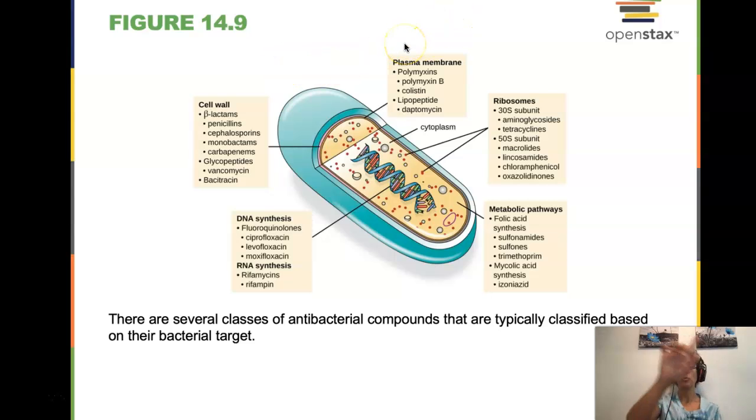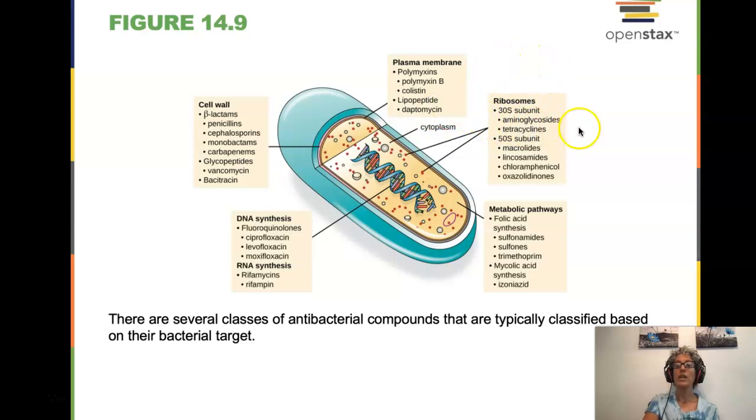So if we start at the top and work our way clockwise, the plasma membrane, that's a tough one because plasma membranes are really similar between prokaryotes and eukaryotes, but we have cholesterol in our plasma membrane and there's a different sterol in the plasma membranes of prokaryotes. So polymyxins can attack the plasma membrane of the prokaryotes with little side effects against us. And we can also use a lipopeptide called daptomycin.